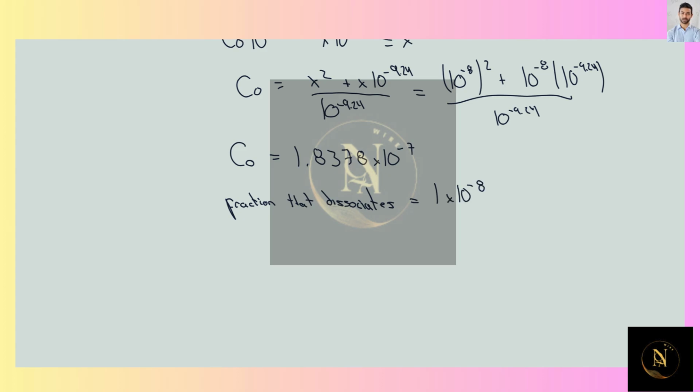So this is going to give us a percent of dissociation, or percent of ionization, equal to 1 times 10 to the minus 8 over 1.8378 times 10 to the minus 7, times 100, equal to 5.44%.